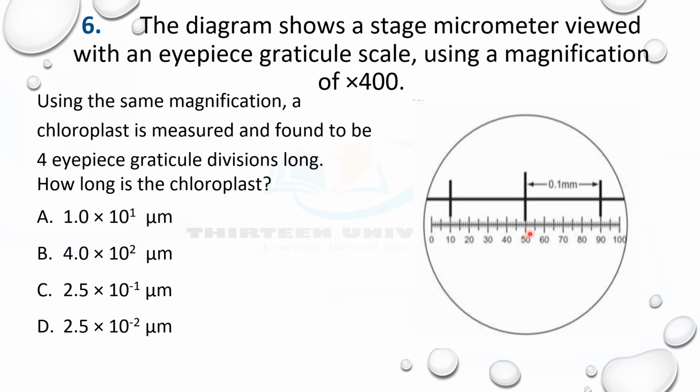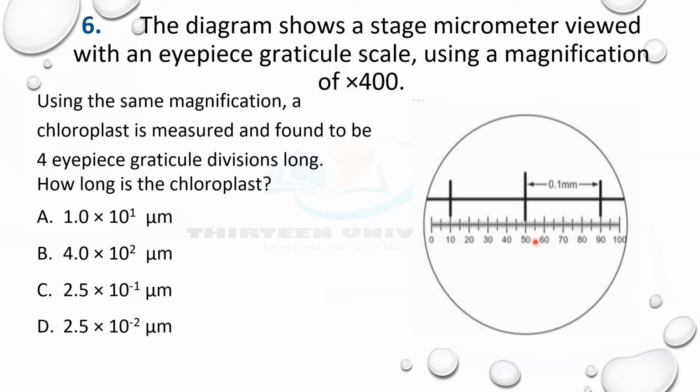The eyepiece graticle divisions are the tiny ones. You can see that this division superimposes with this, while this superimposes with this. We have another one here, but we already have this. So from here to here is from 50 to 90. If you check the eyepiece graticle between them, that is 40.